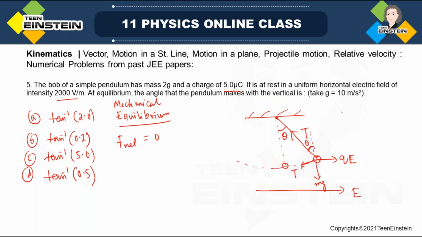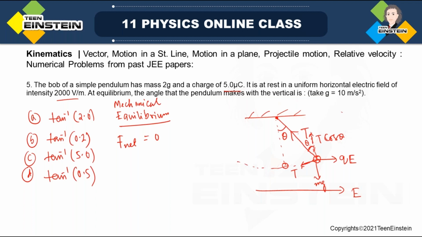With vertical, this is the opposite angle. Okay, this is theta, this is also theta. So there will be T sin, sorry, T cos of theta.